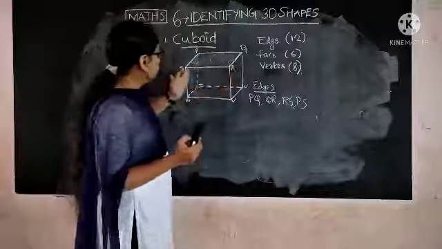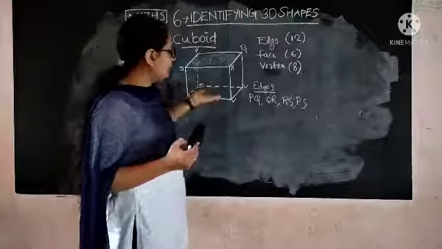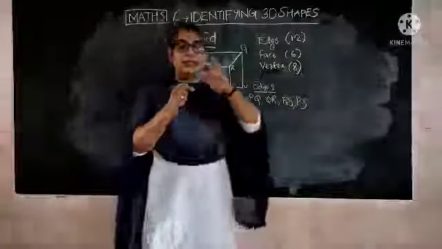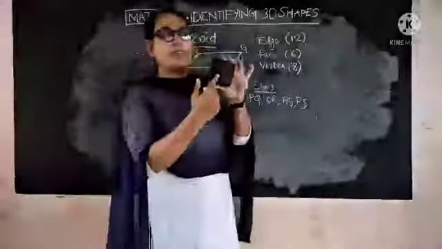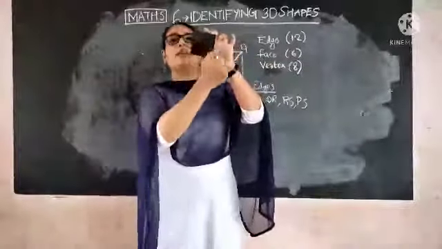Opposite to this, 5 and 6. The bottom portion is 6. I hope you all understand what the 6 faces are.